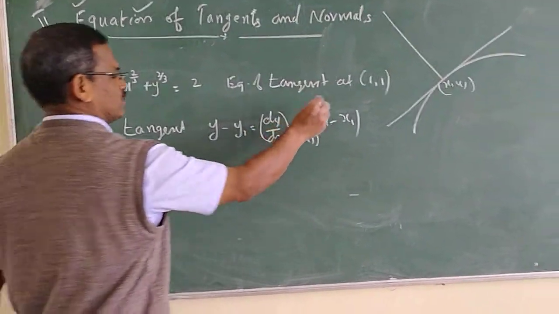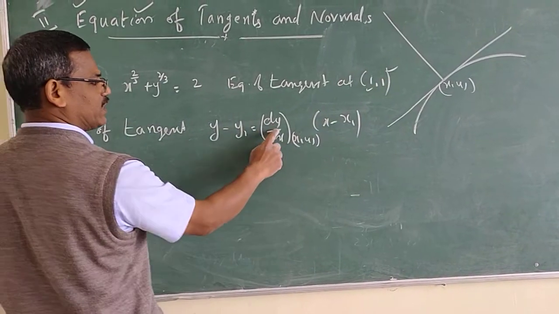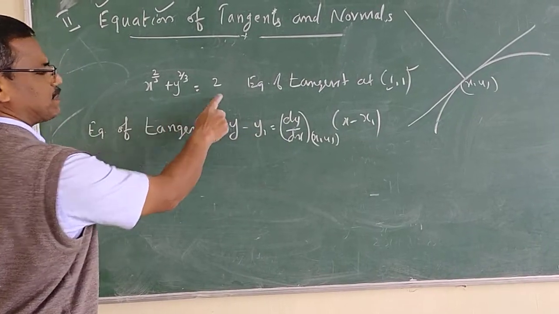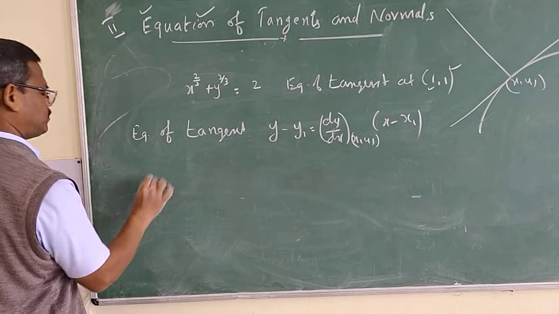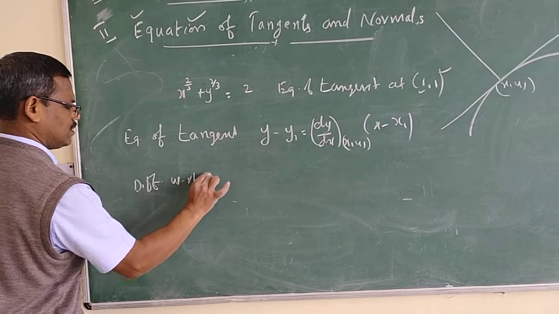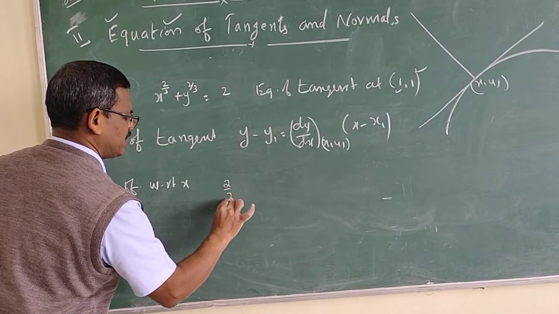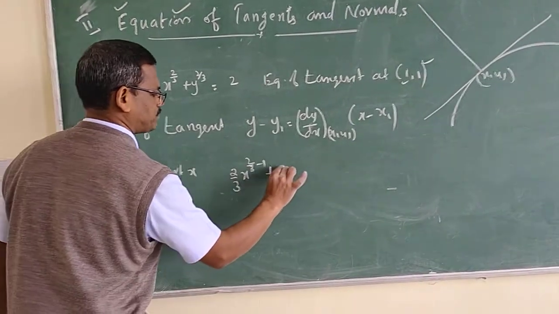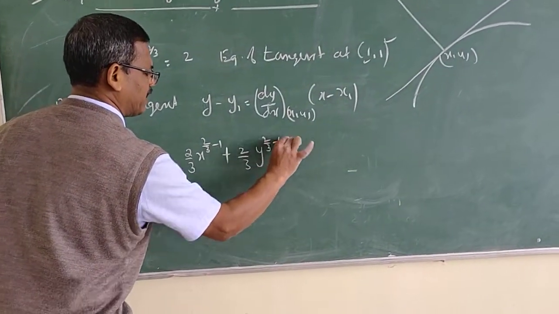Here at 1, 1, x1 y1 is given. Now we require dy by dx to substitute, so we should get dy by dx from this curve. How do you find dy by dx? Differentiate with respect to x. So the derivative is 2 by 3 x raised to 2 by 3 minus 1 plus 2 by 3 y raised to 2 by 3 minus 1 dy by dx.